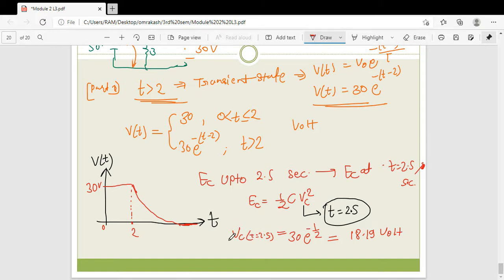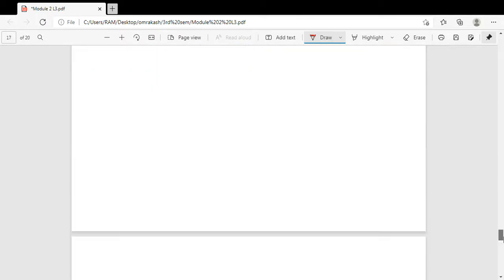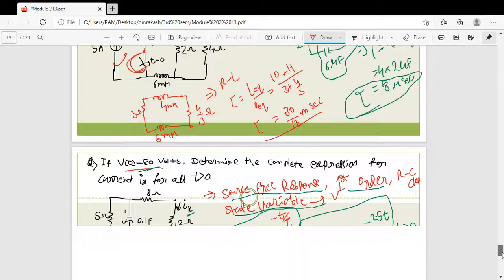Now put this in the basic equation. So EC is 1 by 2 into 1 into 18.19 whole square, which is 165.5 joule. So that much energy is stored till 2.5 seconds of time instant by the capacitor, right?